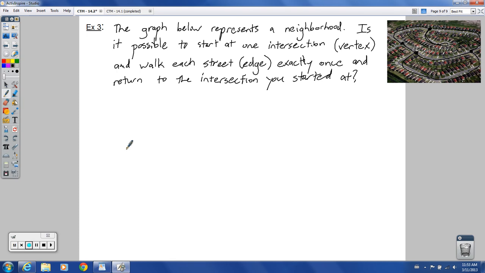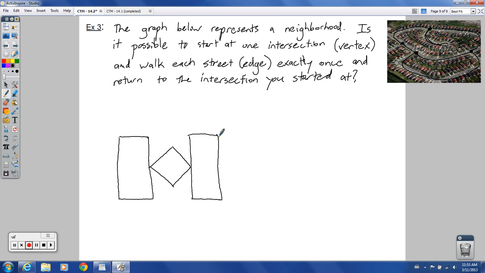So I want you to draw a couple of rectangles like this, and we'll have kind of this diamond shape in between. There's another rectangle, and I'm going to have a couple of loops, a couple of small circles here and right here.